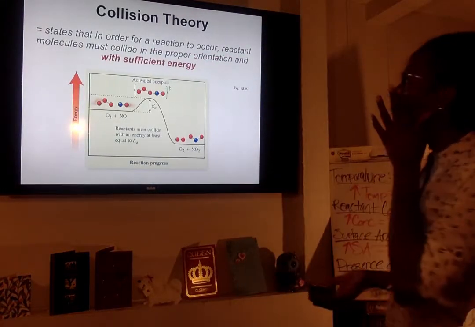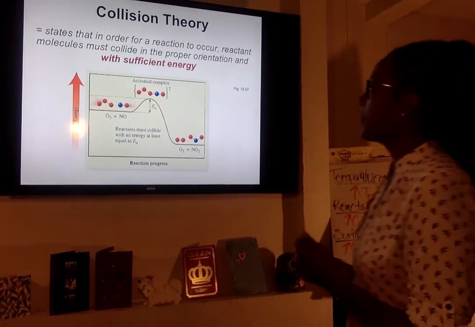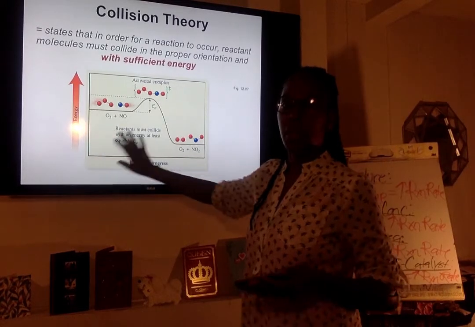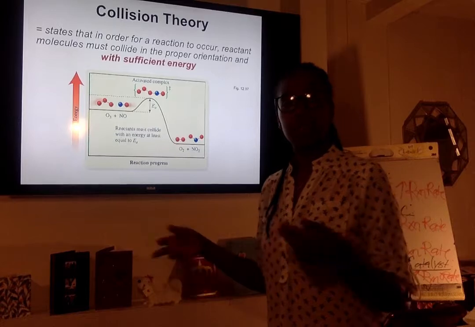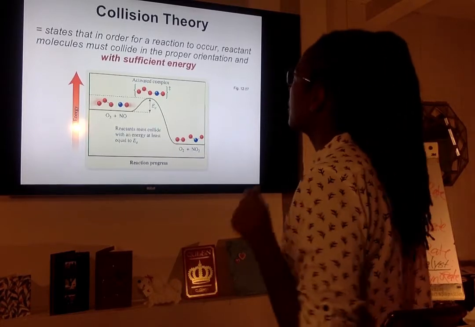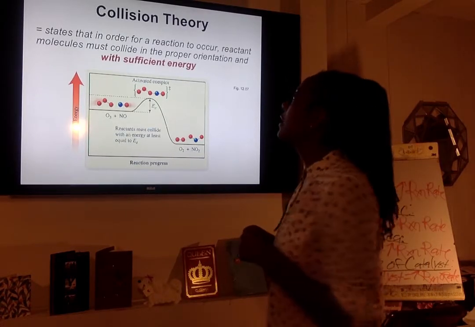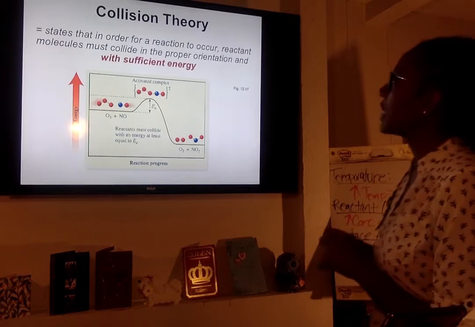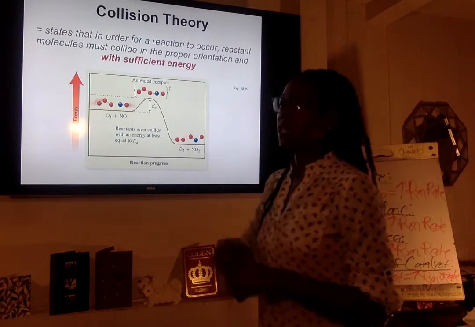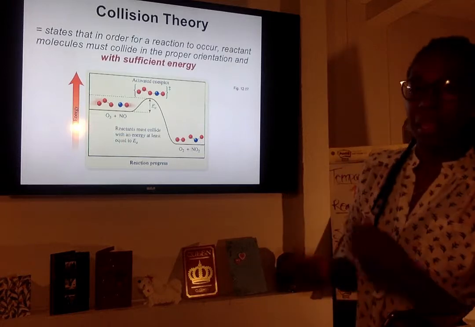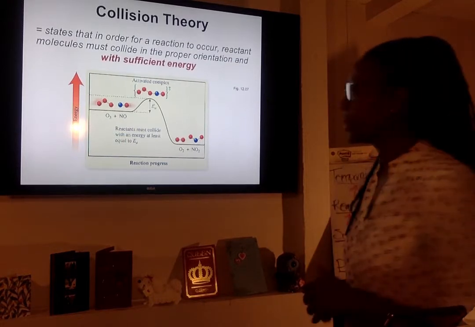Okay, so this is a good summary, the energy diagram of the concept of the collision theory. Like it said earlier, this states that in order for a reaction to occur, reactant molecules must collide in proper orientation and with sufficient energy. So what does that really mean when we say sufficient energy?